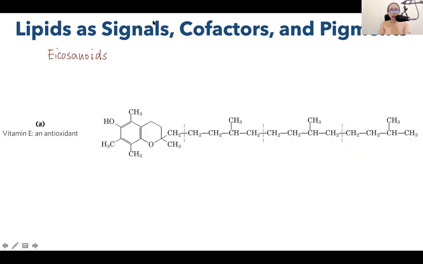What else? Vitamin E is actually partly lipid, because you have this hydrocarbon chain which resembles isoprene.